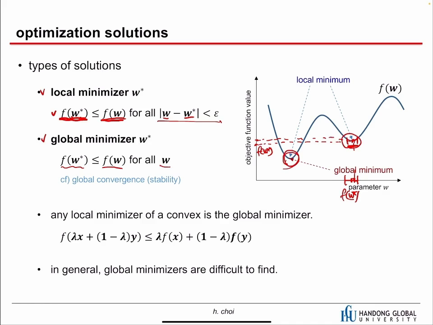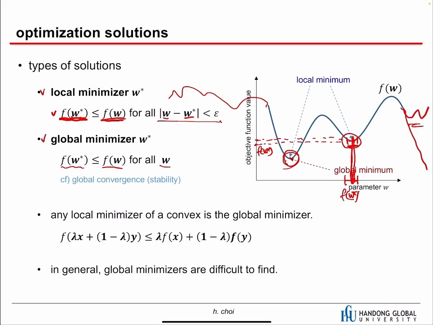But in theory, it's not easy to find a global minimum because this function is endless, and we have no idea what's happening somewhere around here. Maybe, who knows, this could go down here. So it's not possible. Also, let's say we are at a local minimum.